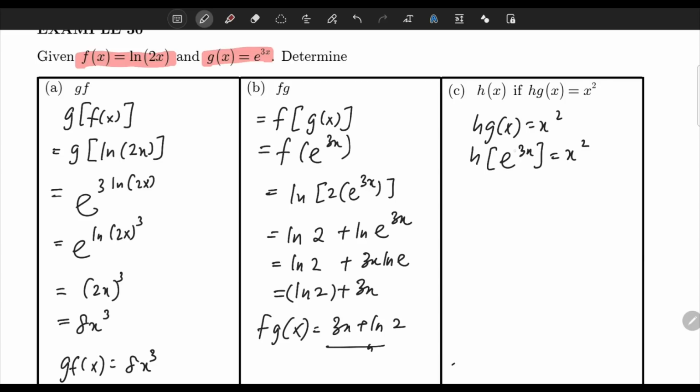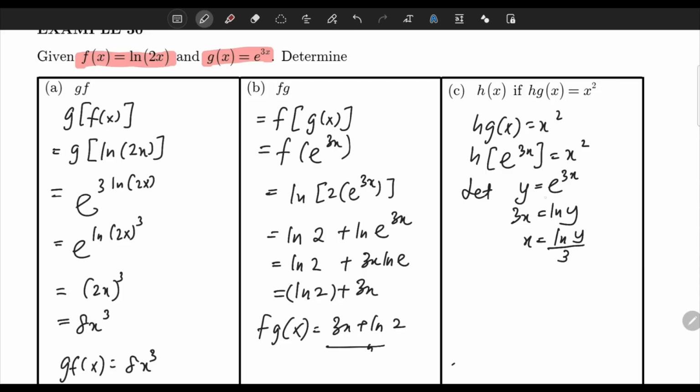We don't have any h(x), so let's say y equals e to the power 3x. Meaning 3x equals ln y, so x is ln y divided by 3.